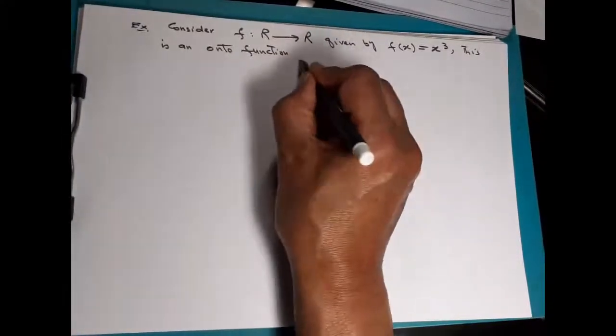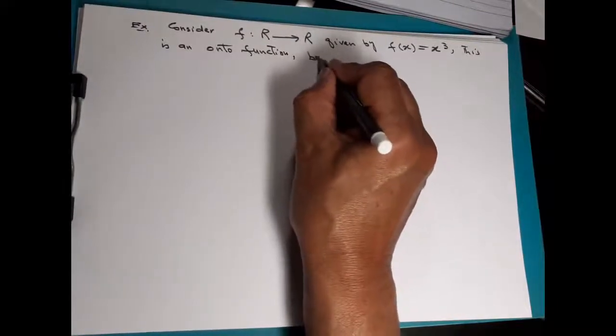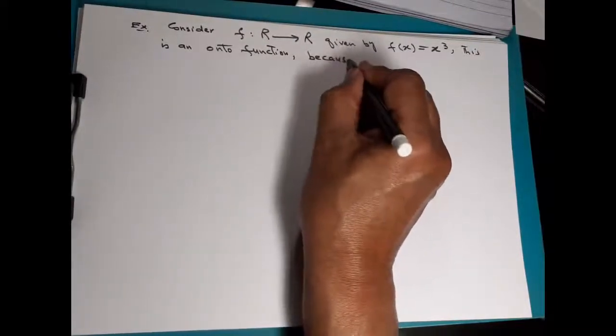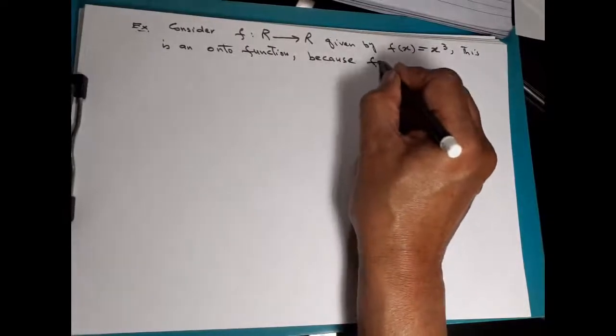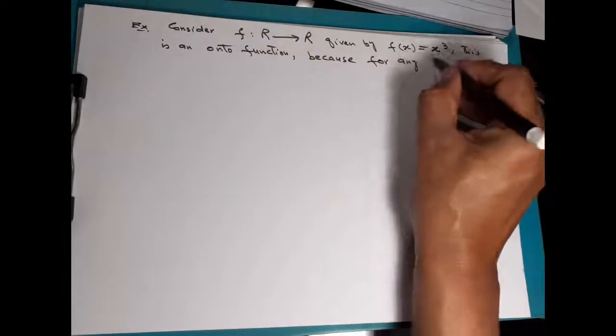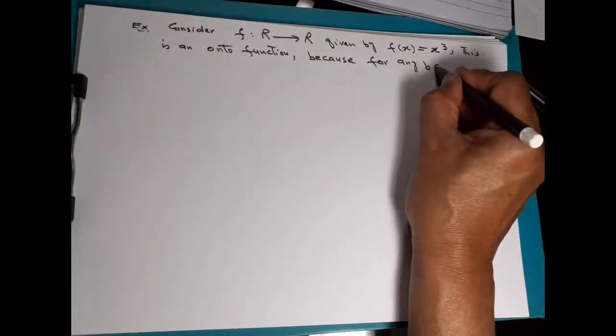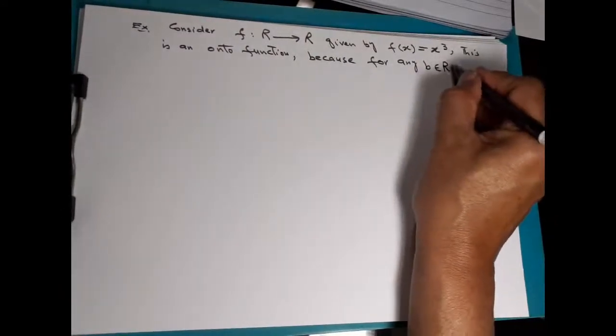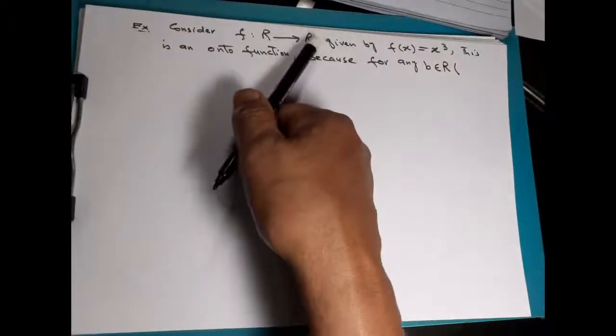and the reason is because for any b belonging to R, in this case R means codomain.